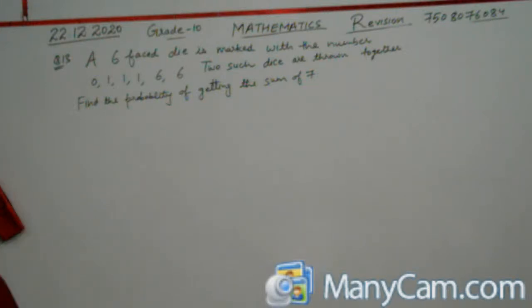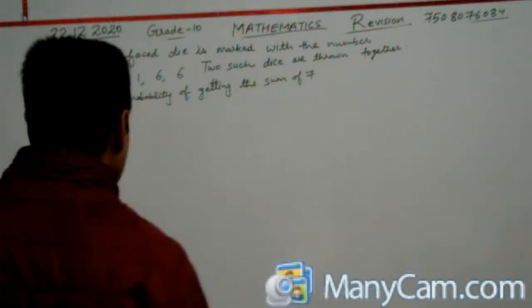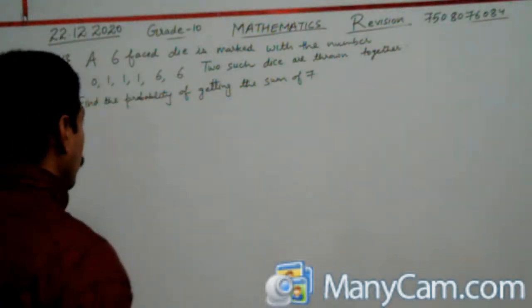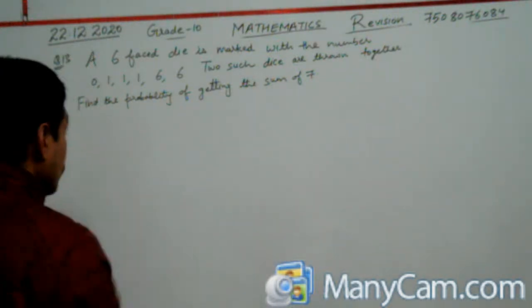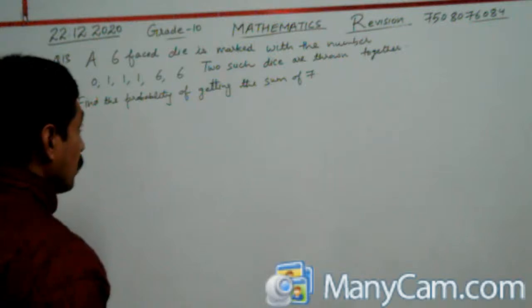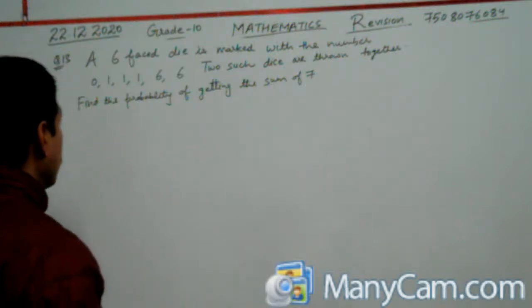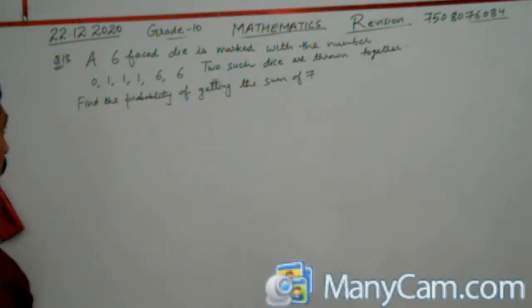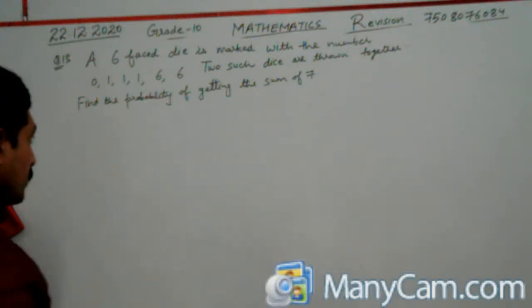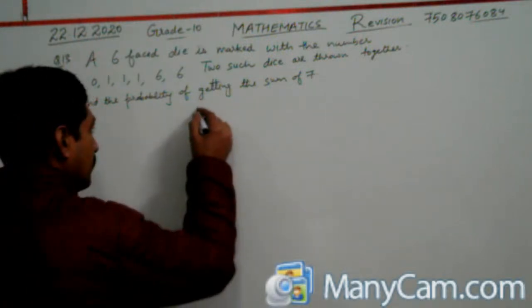So here you have to draw the sample space. If a 6-face dice is marked with the numbers 0, 1, 1, 1, 6, 6, and two such dice are thrown, right? So what will be the sample space?